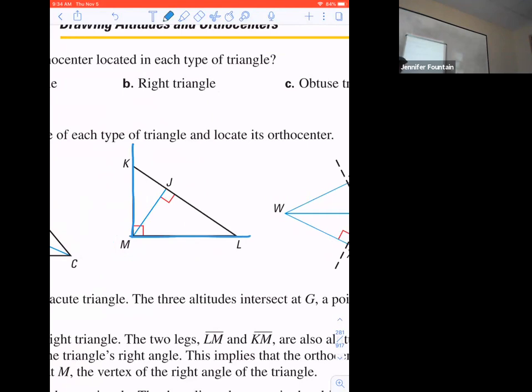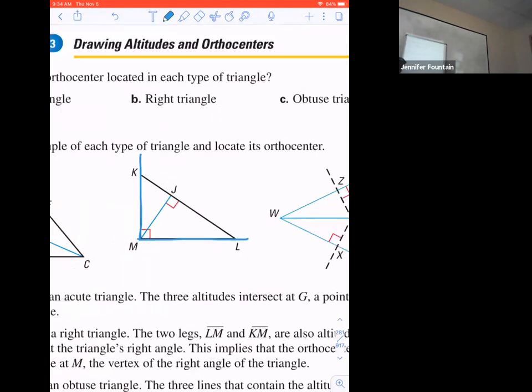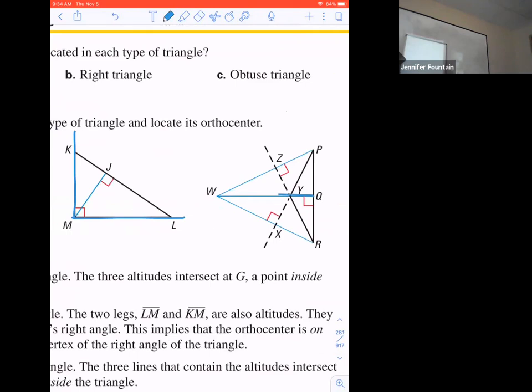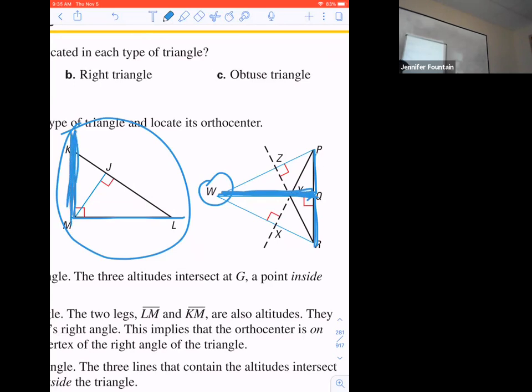If I do the same thing over here, with two of the right triangles, then this is an altitude, and so is this, and then we've got this one and this one as well. When we extend them out like we did for the right triangle, we end up at W. We can't forget that just like KM was an altitude here, our altitude has to go out from Q up as well. And then ML, so we go out that way and that way.